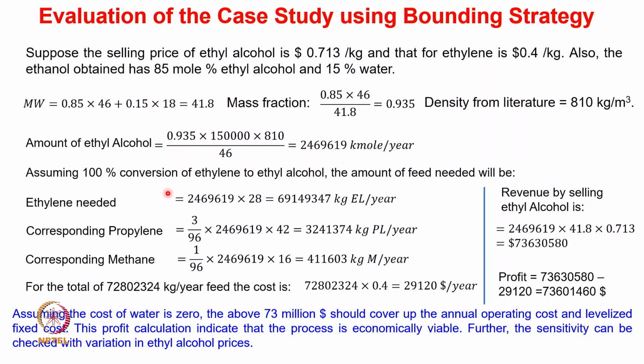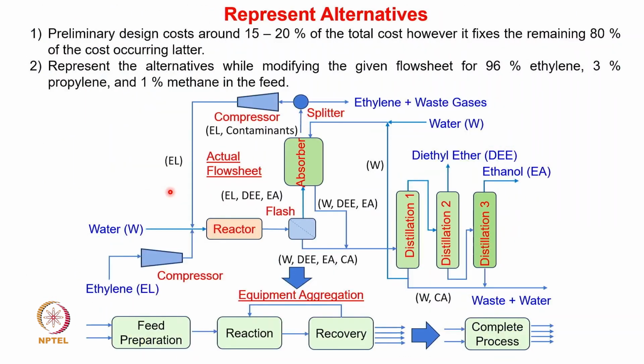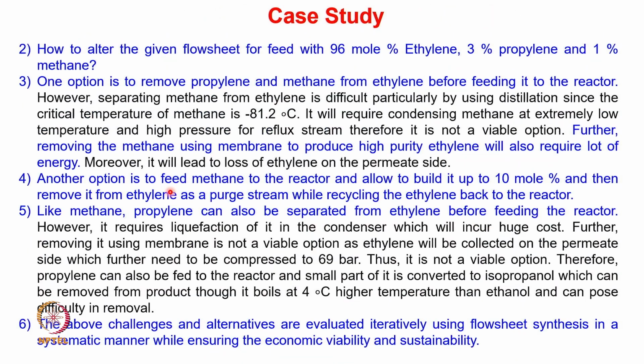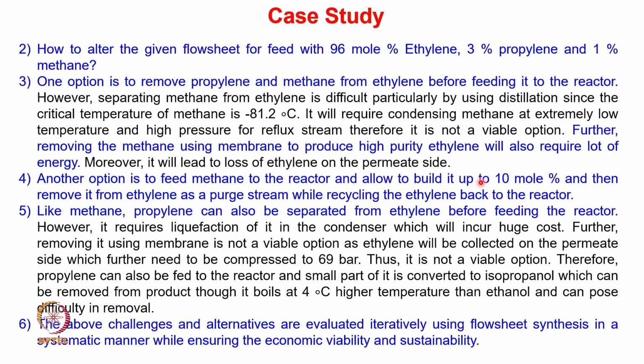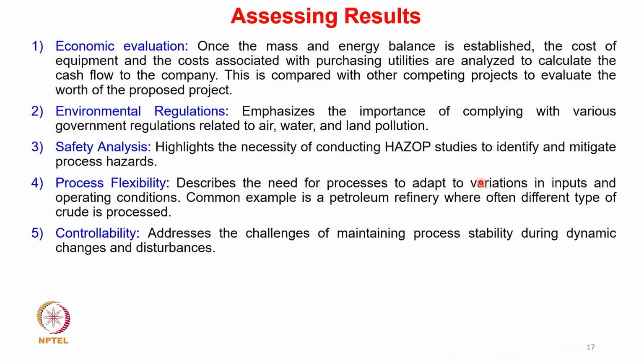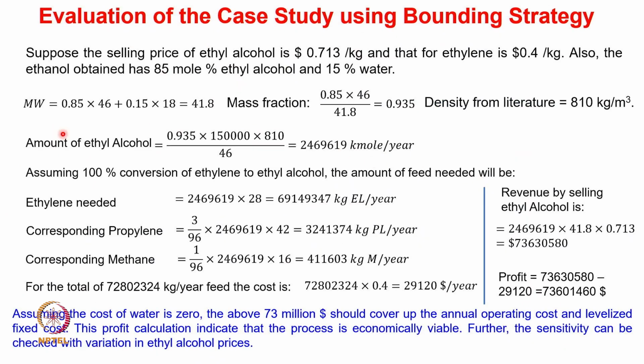Clearly 1 mole of ethyl alcohol will be produced by 1 mole of ethylene, as you can see in the reaction. If I go back and show the reaction, see, 1 mole of ethylene is producing 1 mole of ethanol. So clearly the same number of kilomoles of ethyl alcohol will be required for ethylene also, and we can convert it to a mass unit by multiplying by the molecular weight.